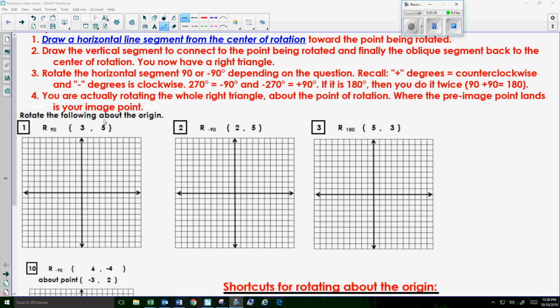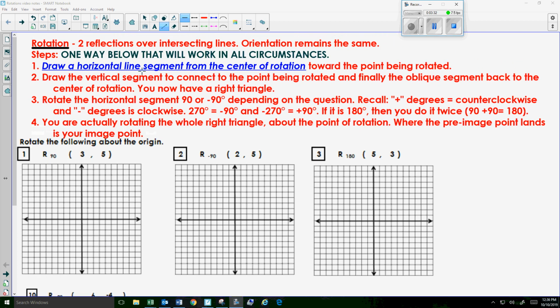All right, so as it says, draw a horizontal line from the center of rotation. Well, for all these, the center of rotation is the origin. So I'm plotting the point at the origin. Let's change the color here, red. Okay. And I plot the point itself, (3, 5): 1, 2, 3, and 1, 2, 3, 4, and 5 right there. So I plot the points.